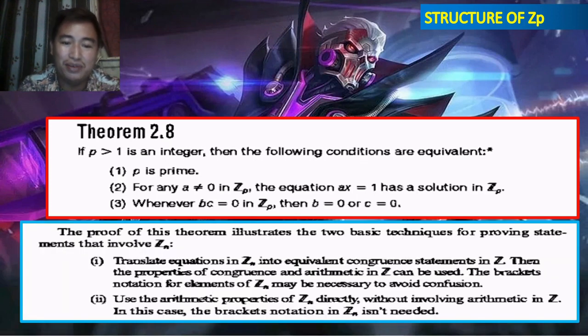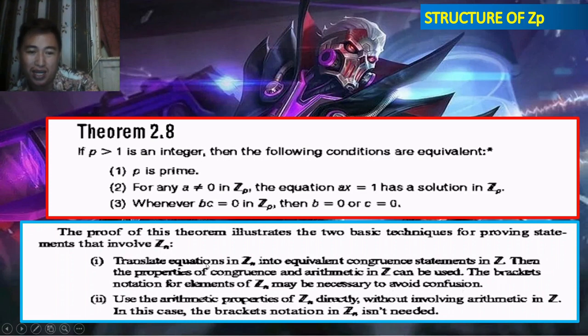To prove this theorem illustrates the two basic techniques for proving statements that involve Zn. Number 1, translate equations in Zn into equivalent congruence statements in Z. So the congruence modulo is used. Then properties of congruence arithmetic in Z can be used. The brackets notation for elements of Zn may be necessary to avoid confusion.